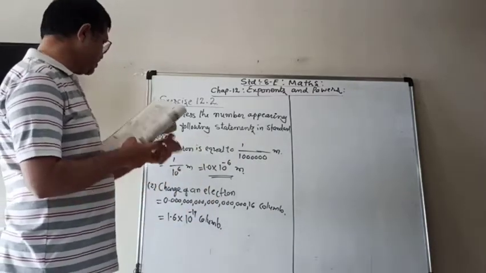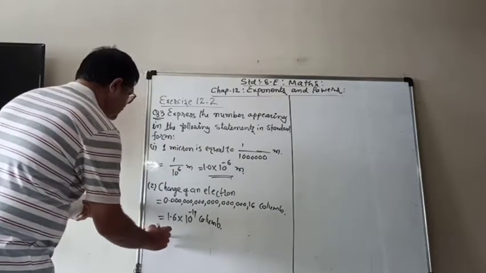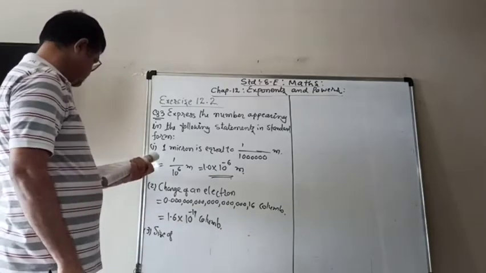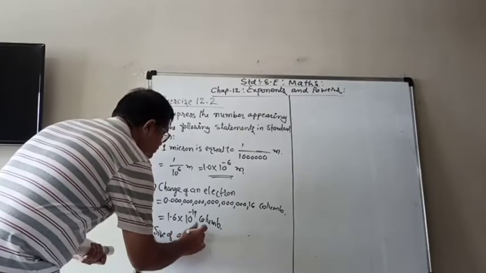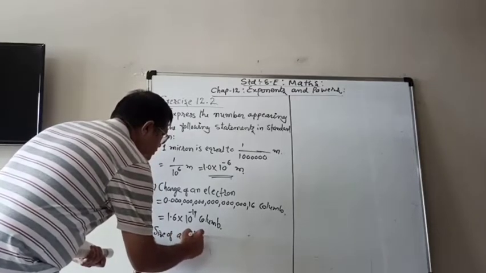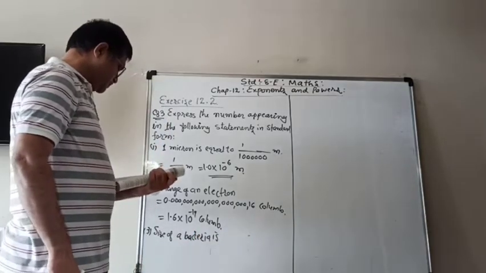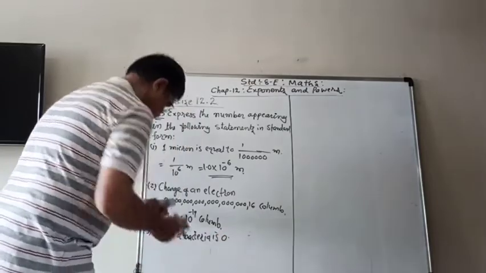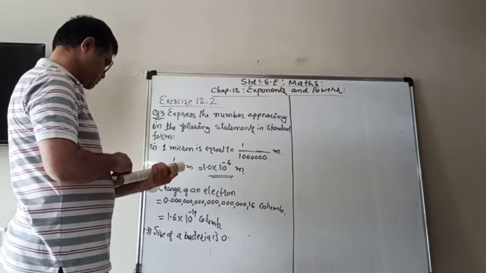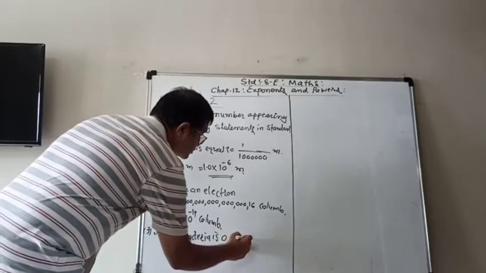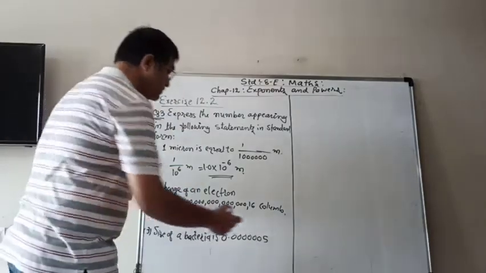Let's take the third one. Size of a bacteria is 0.000005 meter, 6 zeros and 5 meter.